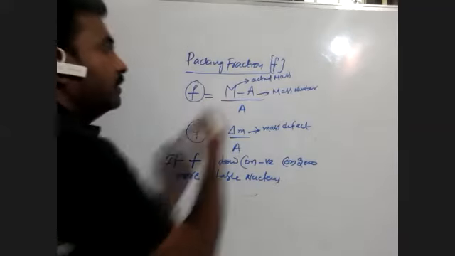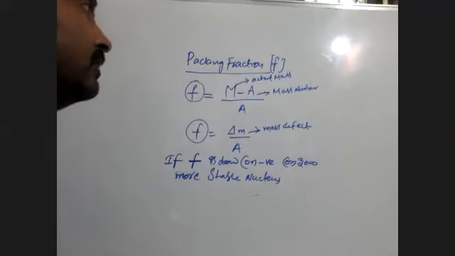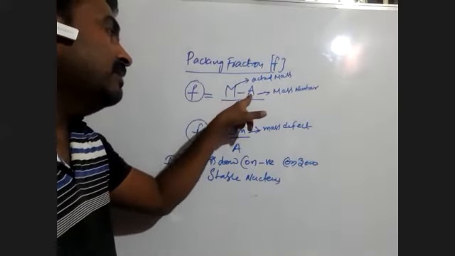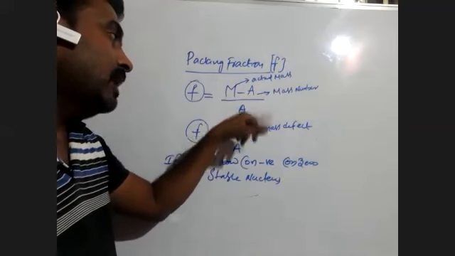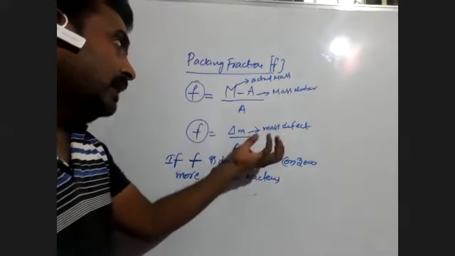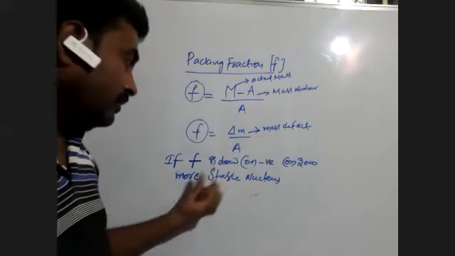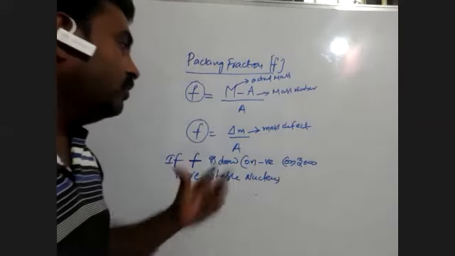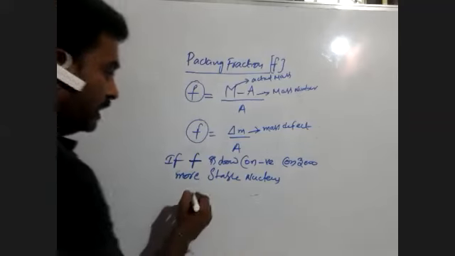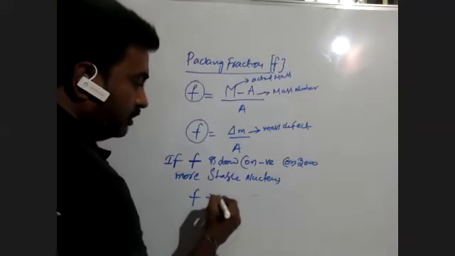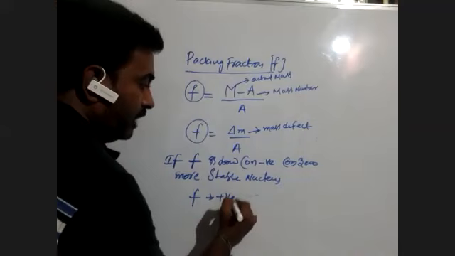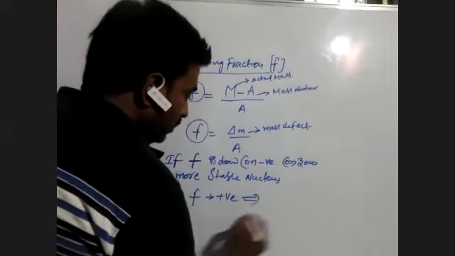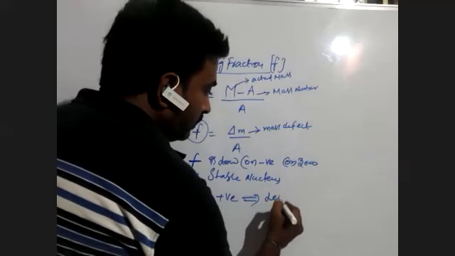So here we are getting a negative value, meaning the actual mass is less than the mass number, so some mass is missing here. That mass is converting into energy, and that energy is holding the nucleons together. So if F is low or negative or 0, it is a more stable nucleus. When packing fraction is positive, it is an unstable nucleus. This implies a less stable nucleus.